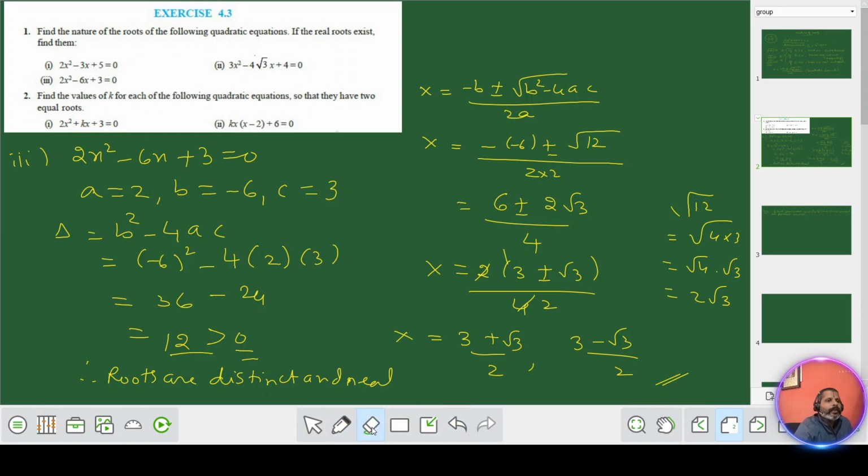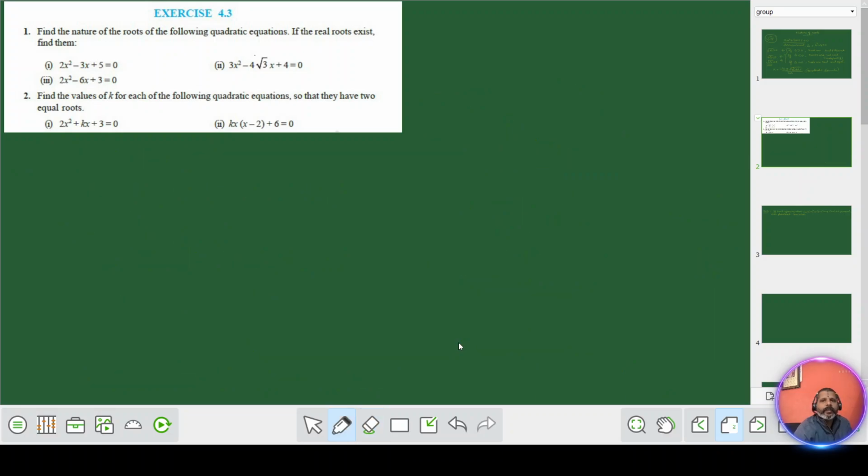Let's move to another set of questions based on the nature of roots. In the second main, find the value of k for each of the following quadratic equations so that they have two equal roots. Equal roots means b² − 4ac is 0, right? You have to equate it to 0. First write the equation 2x² + kx + 3 = 0.